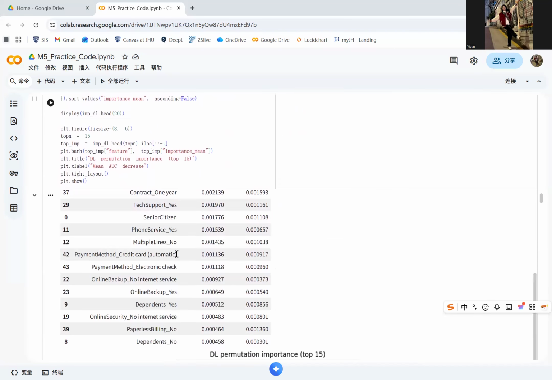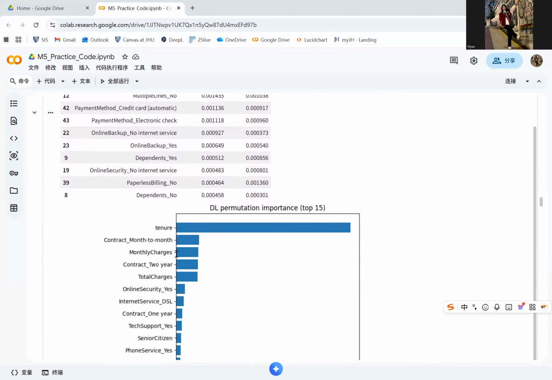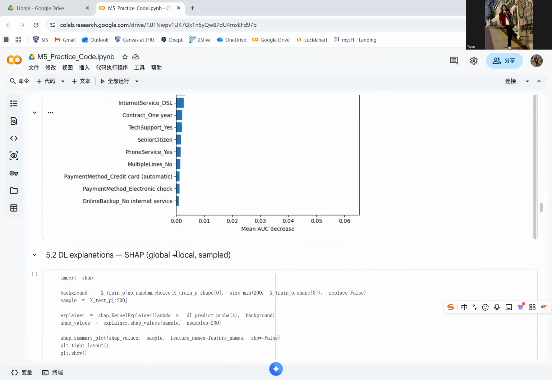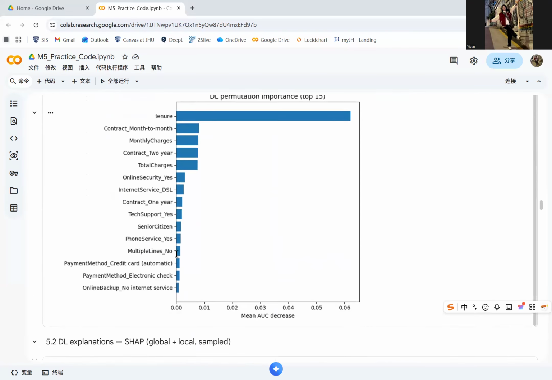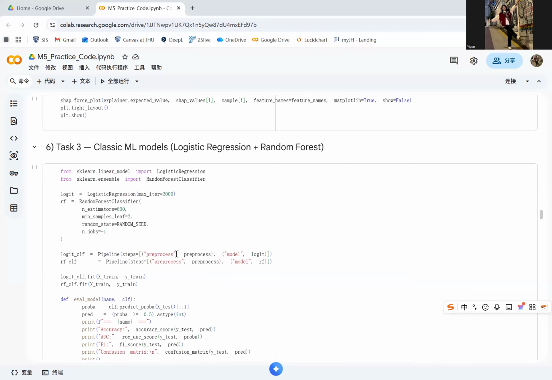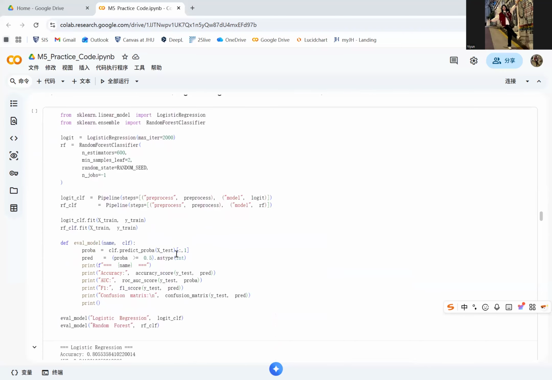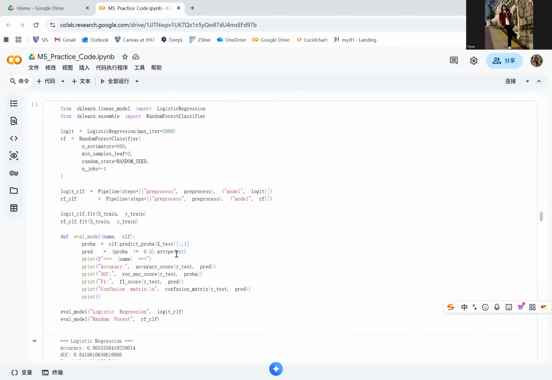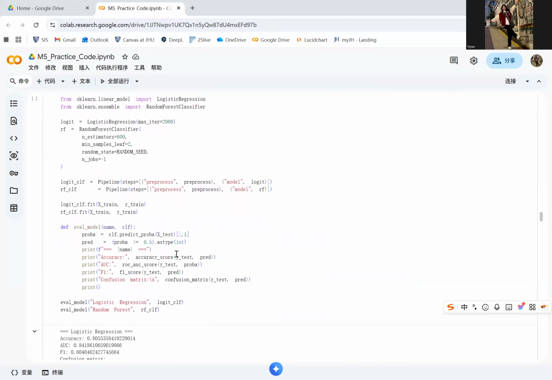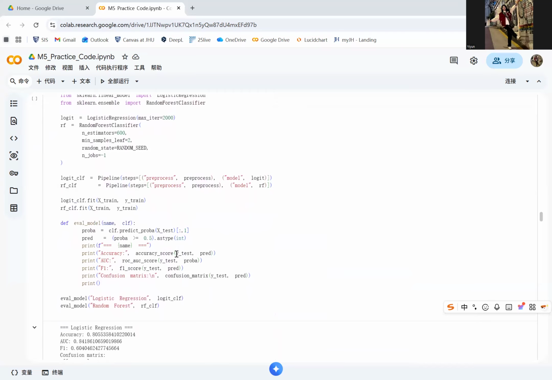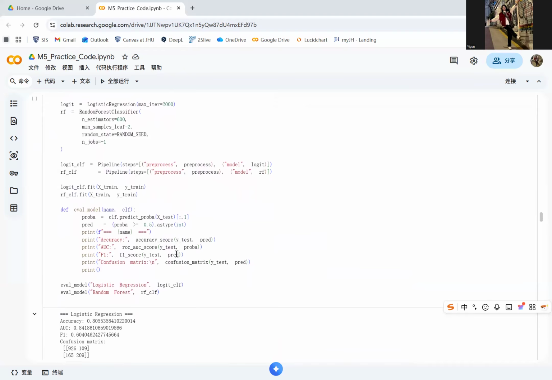To measure performance, I evaluate several metrics, including accuracy, precision, recall, F1 score, and ROC AUC. Accuracy measures the overall percentage of correct predictions, while precision measures how many predicted churners are actually churners.